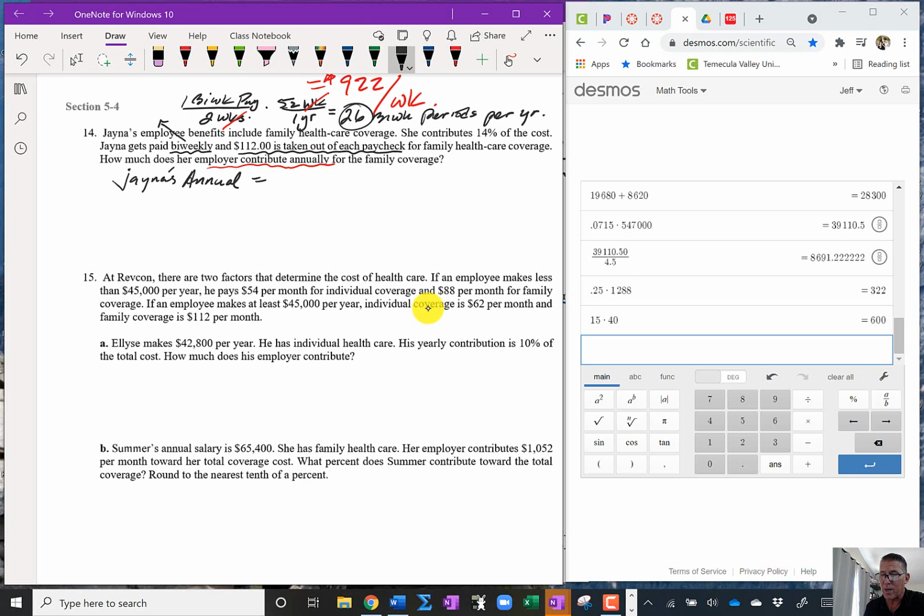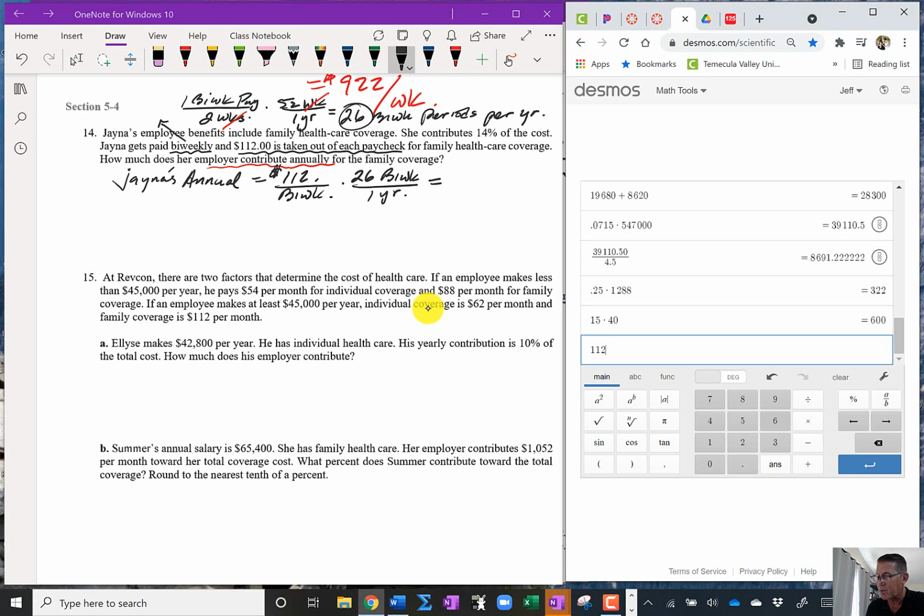So 112 every biweekly period, multiplied by 26, is $2,912. That is per year. Notice the units cancel out: biweekly period divided by biweekly period is 1, and you get dollars per year.